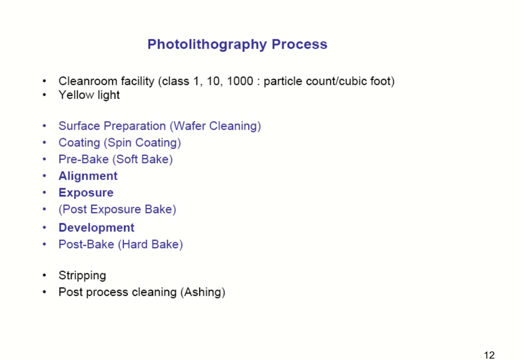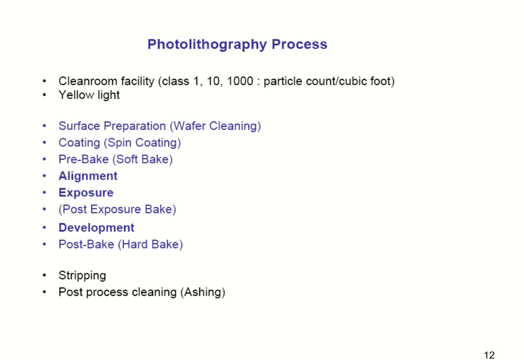You should protect your photoresist. So in this photolithography station, you should allow only light that doesn't affect your deposited photoresist. Okay. So the clean facility should be very, very fine.